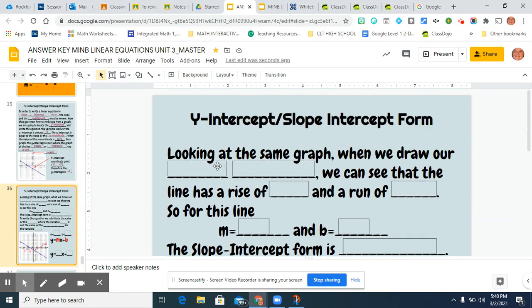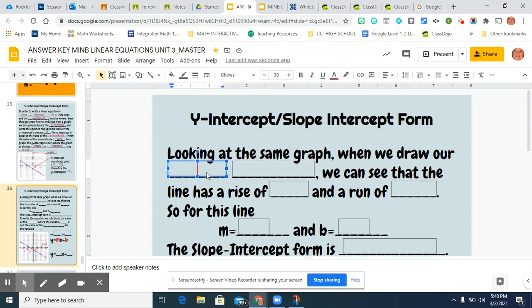Remember the triangle has to be a right triangle. Think of riding your bike: you have to stay on the road, so you can't move diagonally. We can see that the rise is -3 and the run is 5.